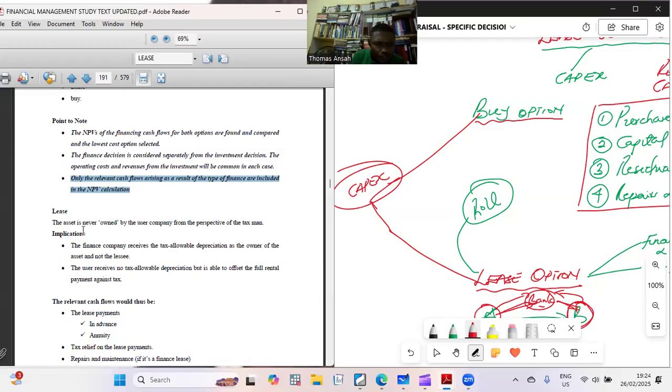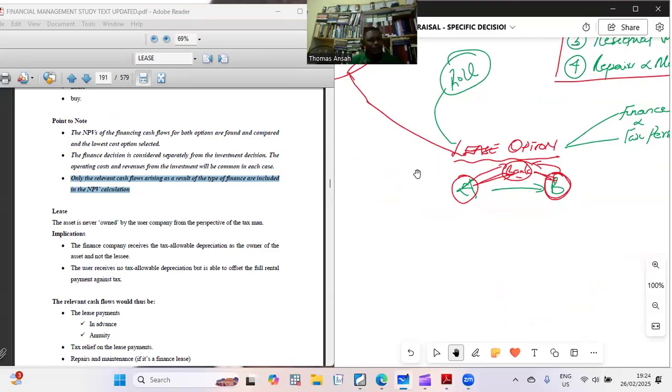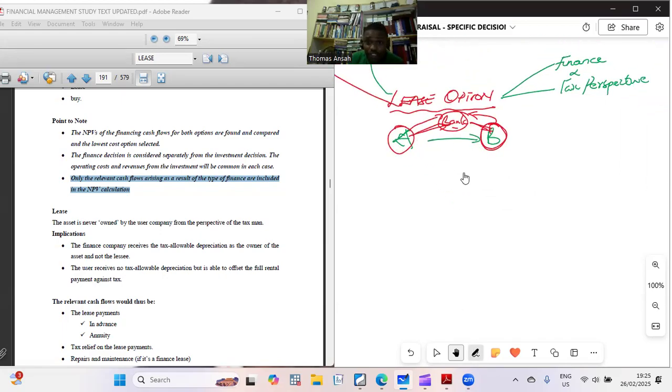Now, when you lease, here we are looking at operating lease. We are not looking at financing lease. We are looking at the bank taking the asset, you paying the money to the bank on a periodic basis. So in financial reporting, this would have been what? Operating lease.